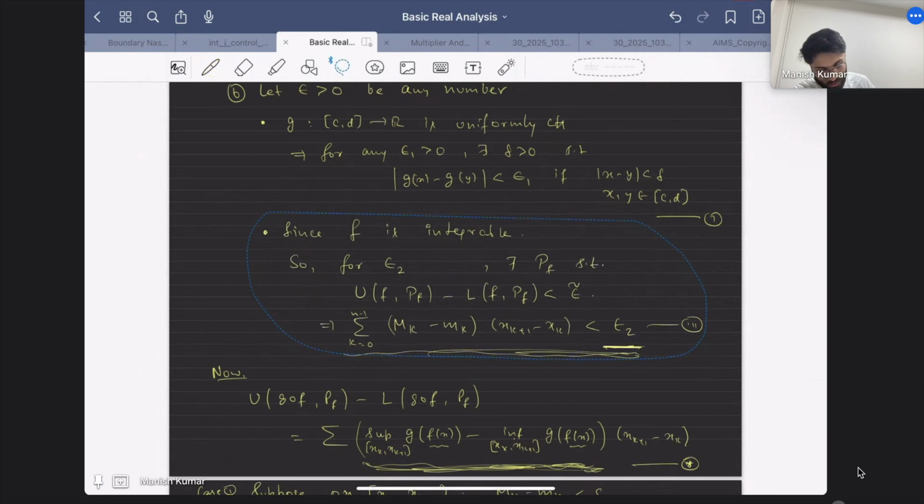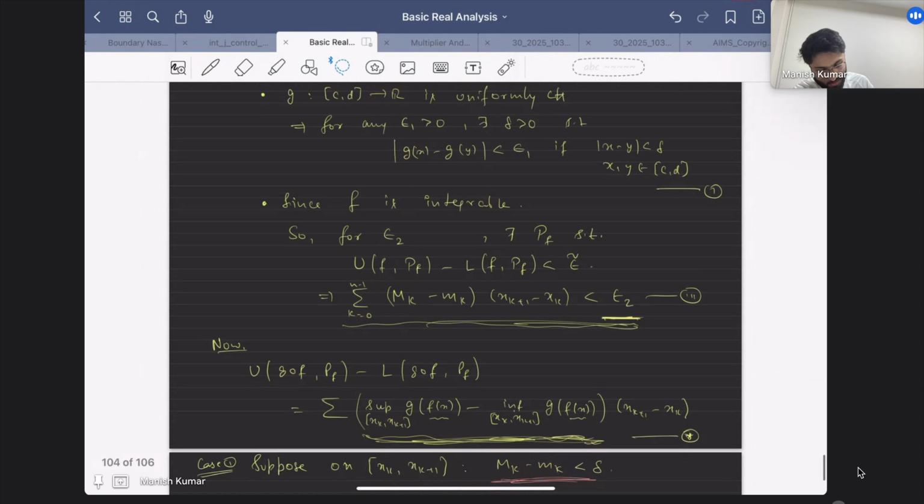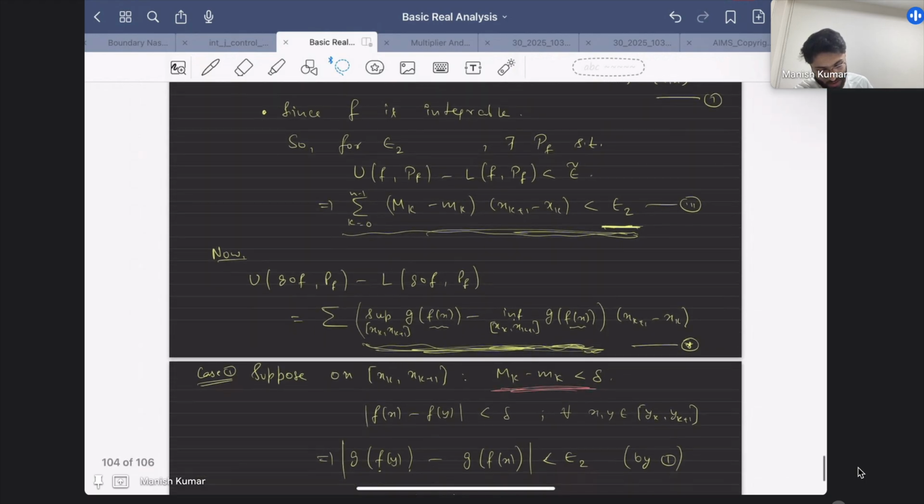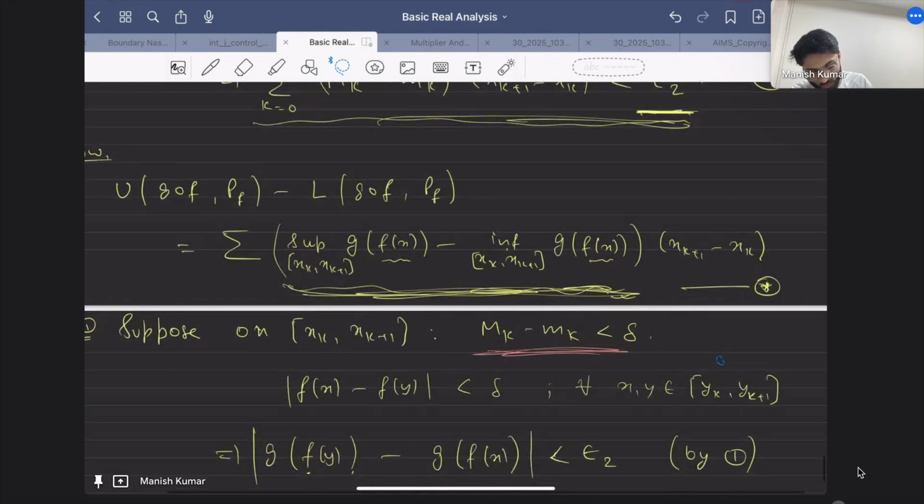how this U and L behave, like what is the difference. When I start off, by definition I have this quantity, the suprema of this. Now see, one case: suppose in this interval xk to xk plus 1, for any two points in this subinterval I have that f(x) and f(y) differ by less than delta.